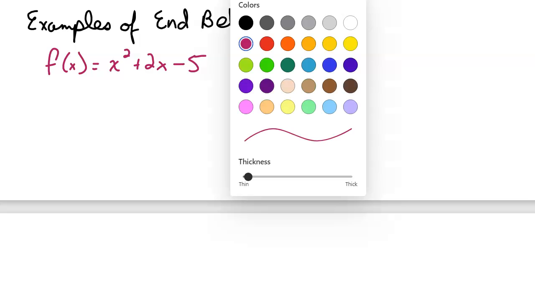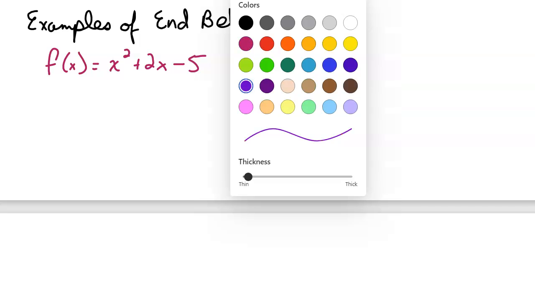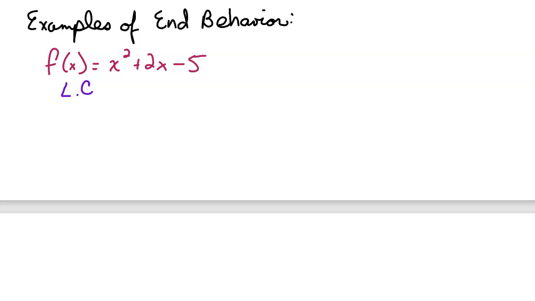Well, let's look at what all we know about this function. We know what its leading coefficient is. This is in standard format, so its leading coefficient would be a positive 1.